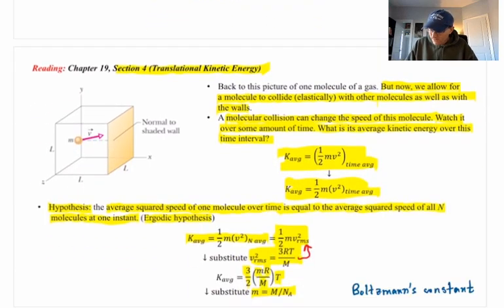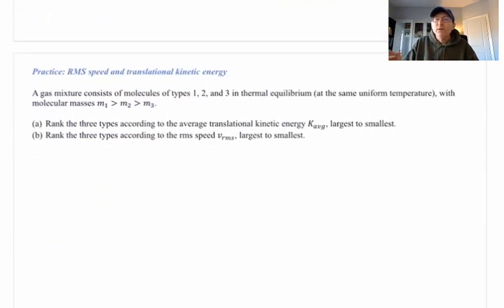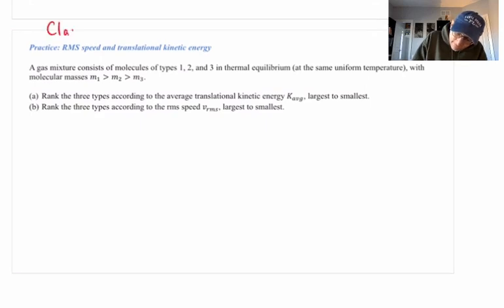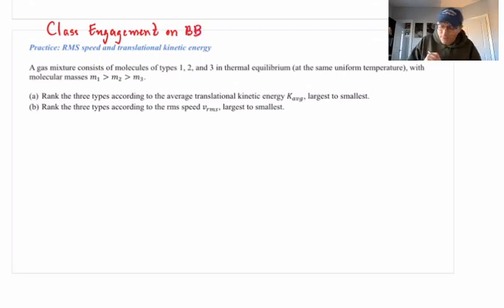Okay, last thing I want to leave you with then is a class engagement exercise on Blackboard with RMS speed and translational kinetic energy. That's what it's about. Here's the situation.